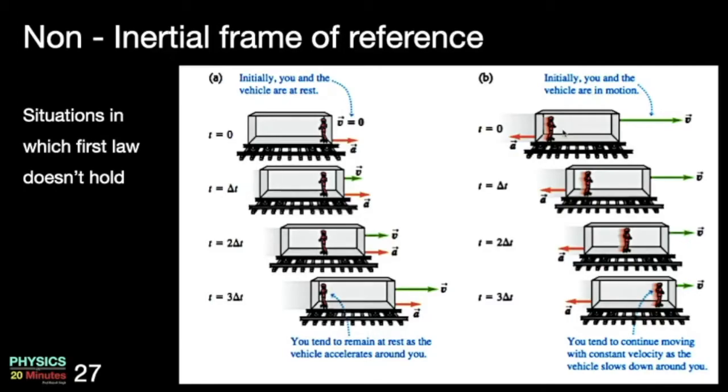Similarly, if a brake is applied, suppose he is standing in the other direction, initially moving with velocity v, if suddenly brakes are applied, then the wagon will slow down, but he will continue to move with that velocity. So he will continue moving ahead and he will hit the other end of the wagon.